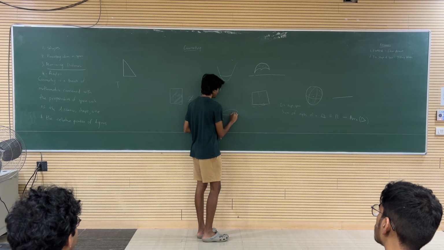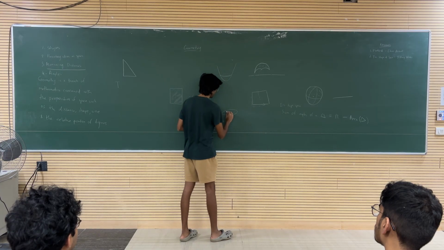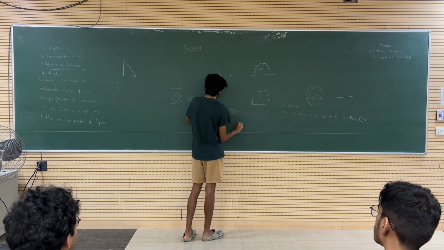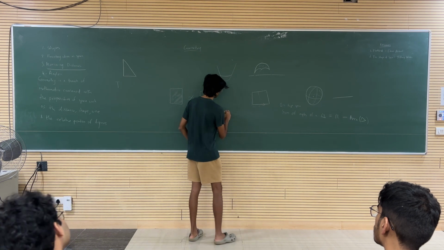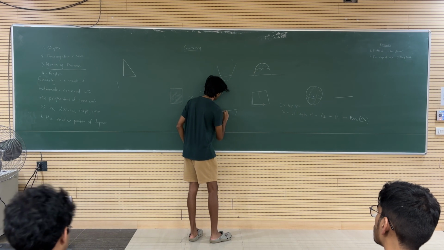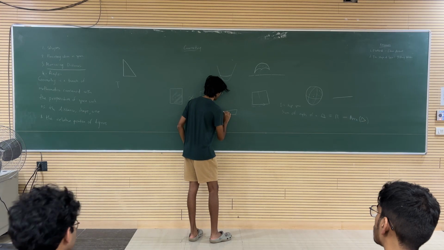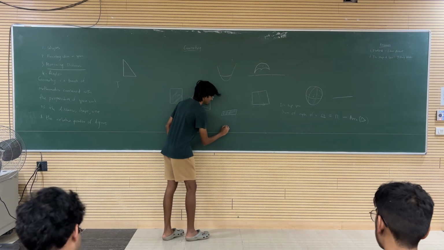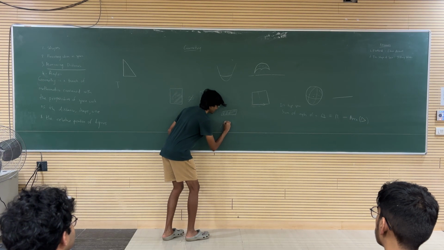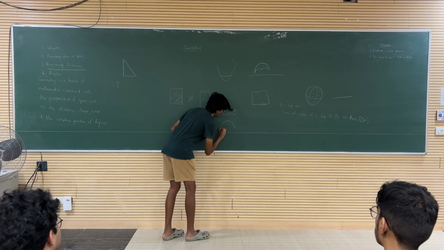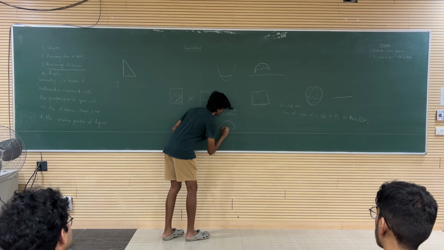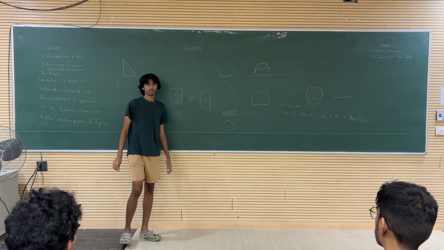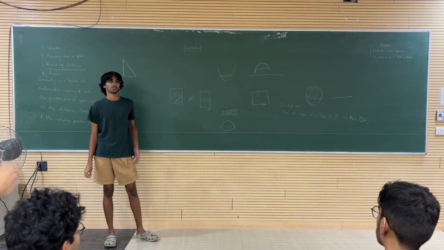So now, do you think a disk? Okay, by disk, I'll just say square again. Do you think this flat square has the same topology as a hemisphere? How many of you say yes? How many of you say no?